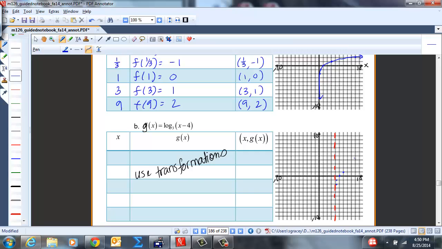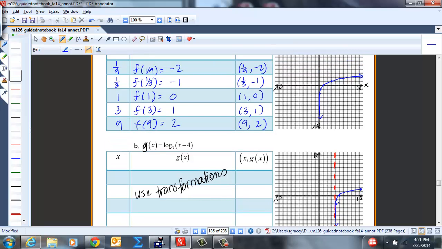Oh, actually this one needs to be moved over, sorry. So we'd be 2 over and then 1 up, and the other one would be over here. But we have the idea about the shape. Okay?